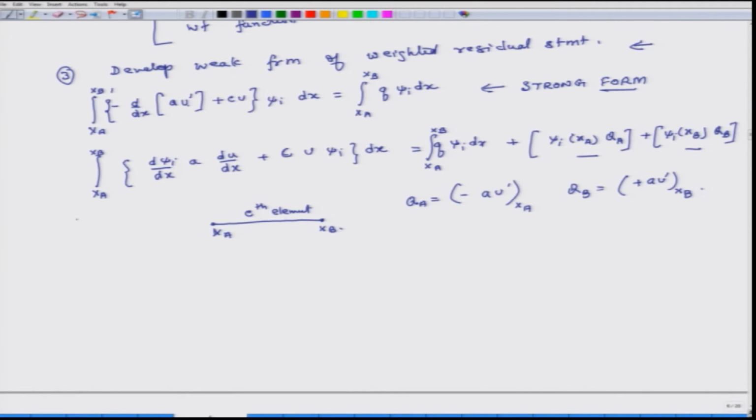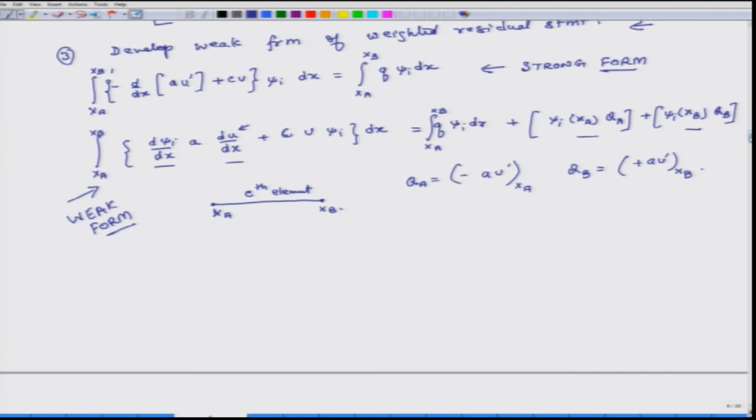So, this one is the weak form. And here the differentiability requirement on the weight function and the primary variable is the same, right. So, that is why it is lesser compared to the strong form. So, this is the weak form, and we know that u, what is u?